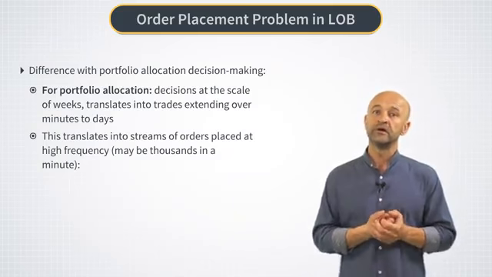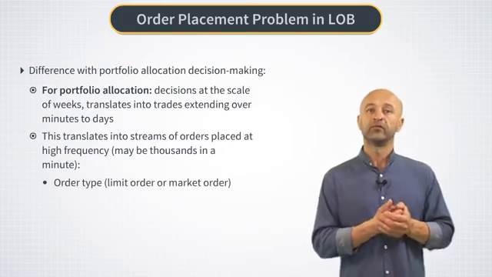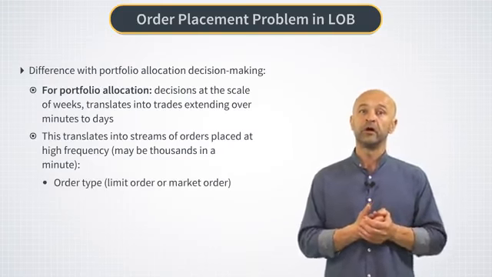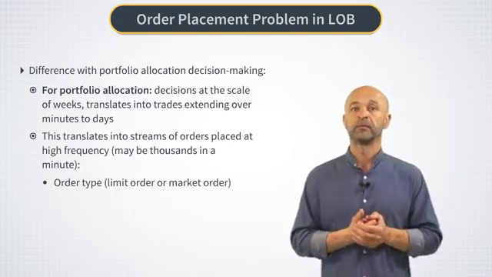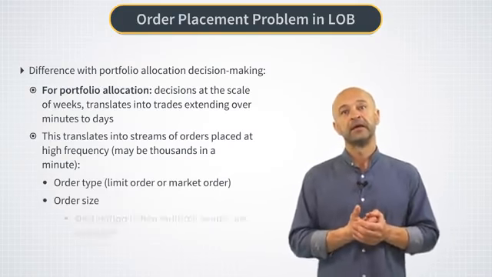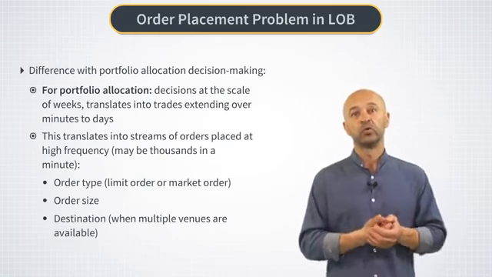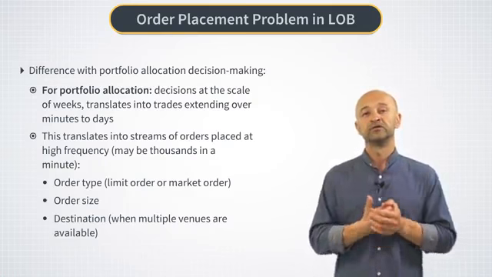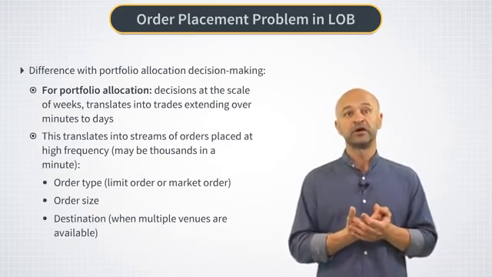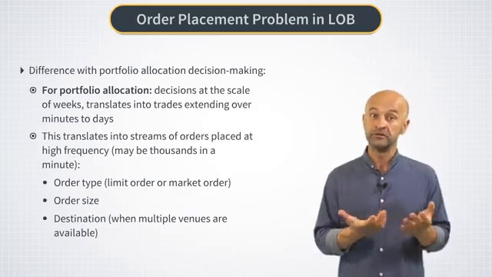The broker should decide on the time sequence of orders, and for each order it should be either a market or limit order. It should also specify the order size, and it should specify the venue, namely to what exchange the order should be submitted. So together, this produces a high-dimensional decision space, even for a single stock.